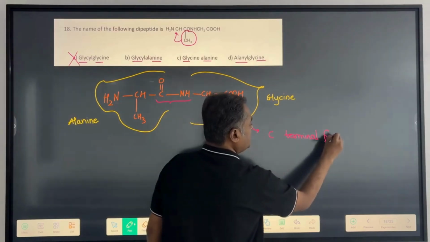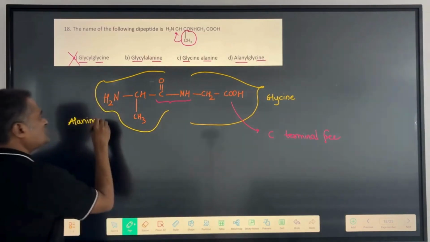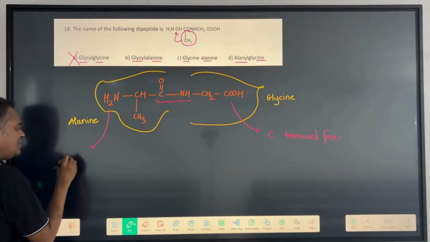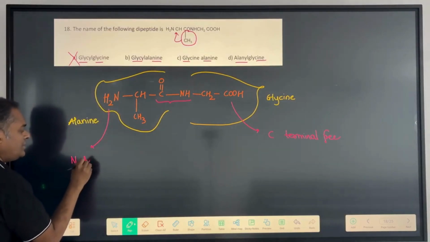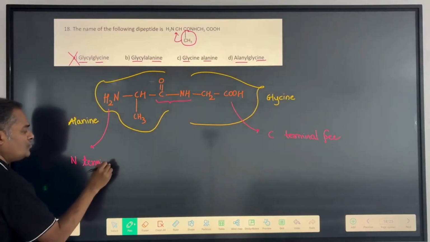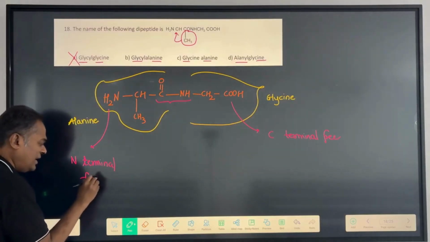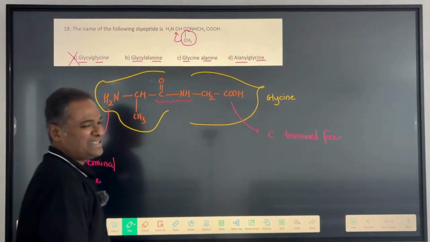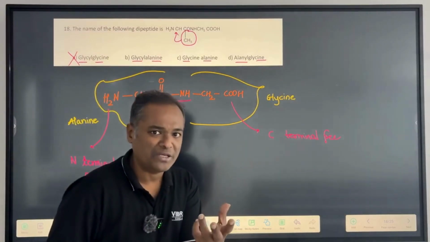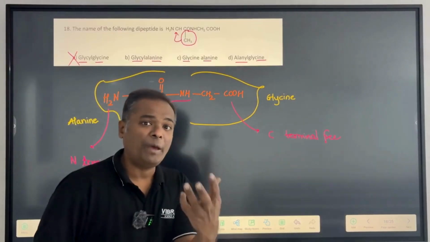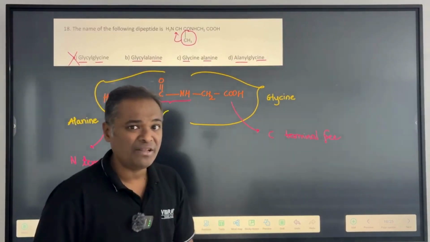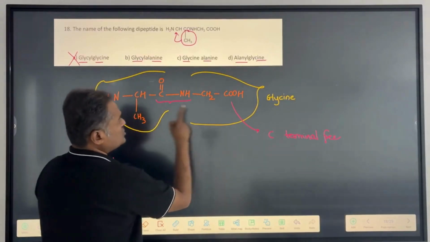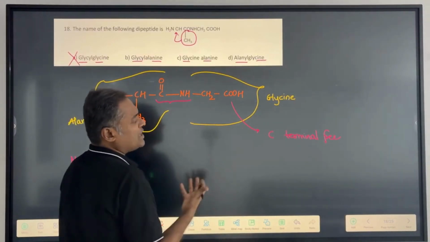C terminal free, whereas on the extreme left-hand side you will have N terminal free. Now, while naming a dipeptide, as per IUPAC, one has to be a parent chain and the other has to be a side chain. Out of these two units of alpha amino acid, which contains a carboxylic acid?